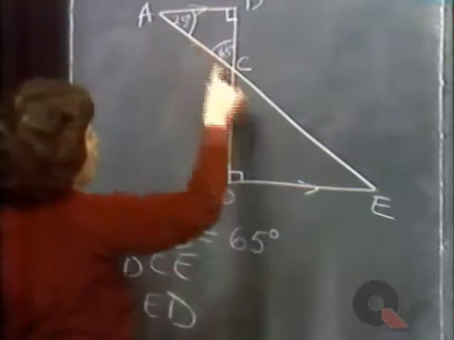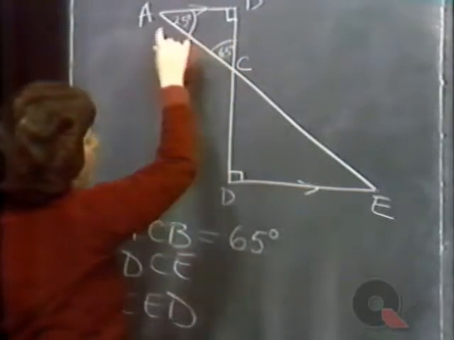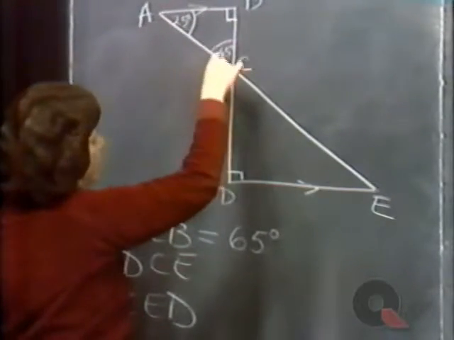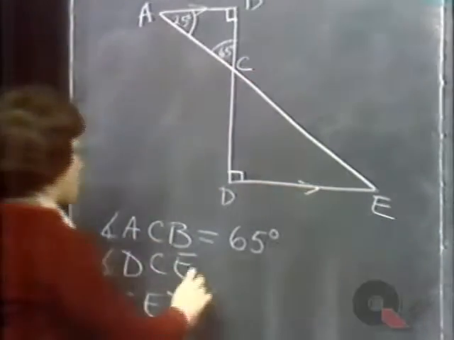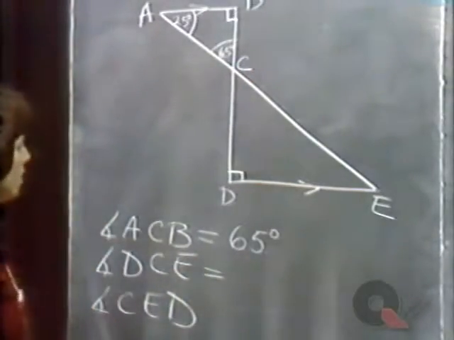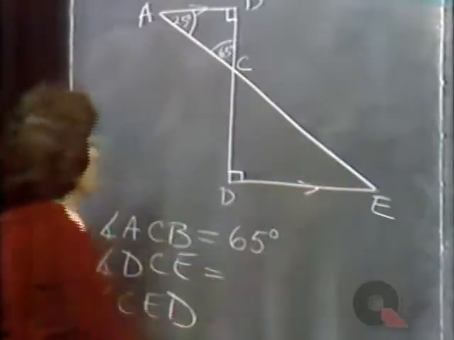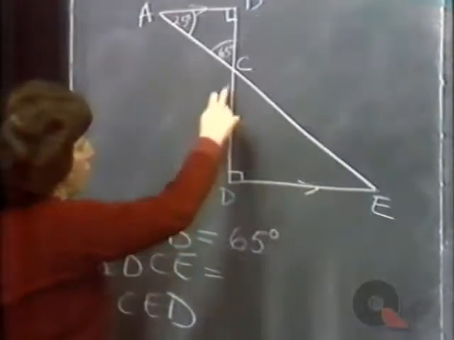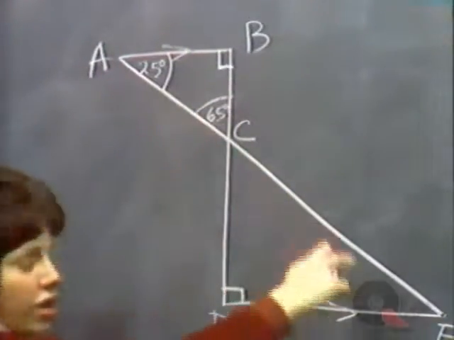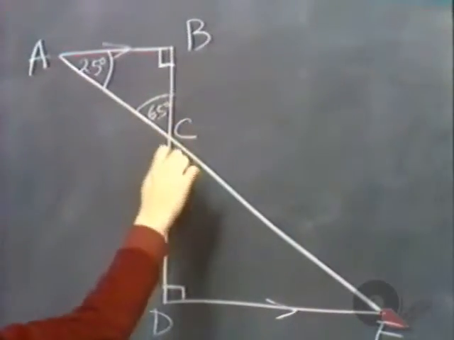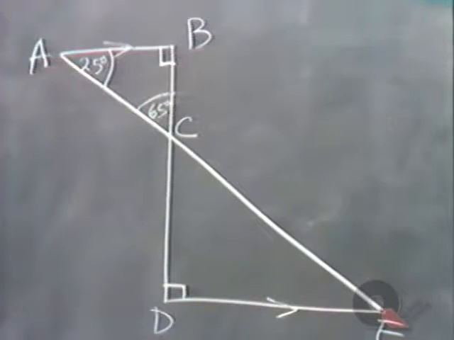The sum of the angles in this triangle must be 180 degrees. We had 25 and 90. That left us with 65 for that angle. Now, the next angle, angle DCE, must also be 65 degrees. Why? Because what we have here are two straight lines intersecting and forming vertical angles, the opposite angles.